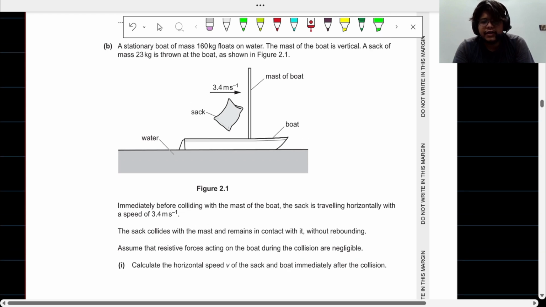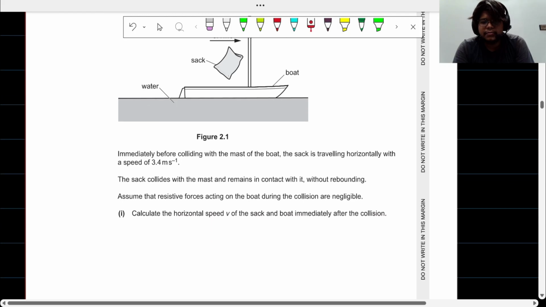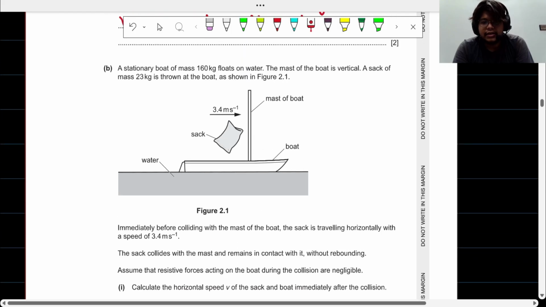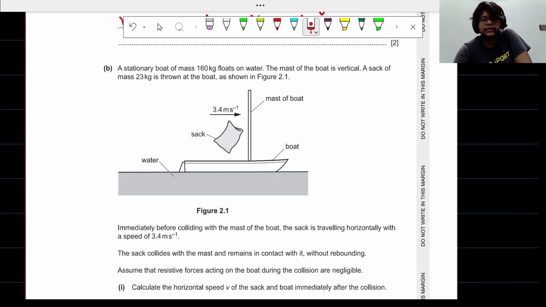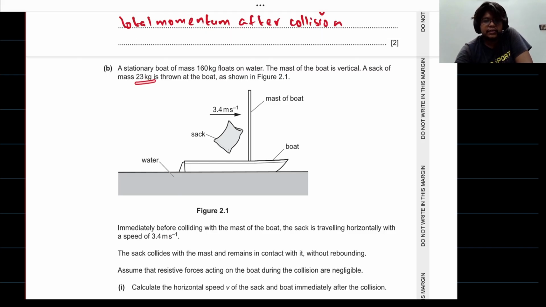Right. First, the boat along with the mast doesn't have any velocity. Initially, it is stationary, and its mass is 160 kg. The mass of the sack is 23 kg. So we can apply the conservation of momentum.